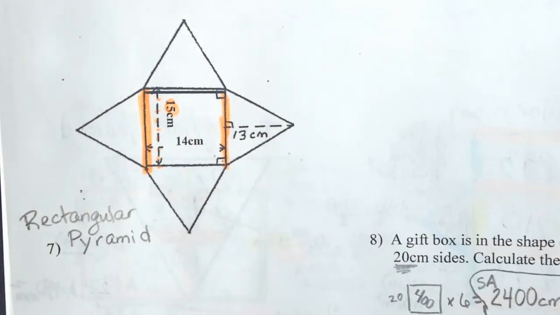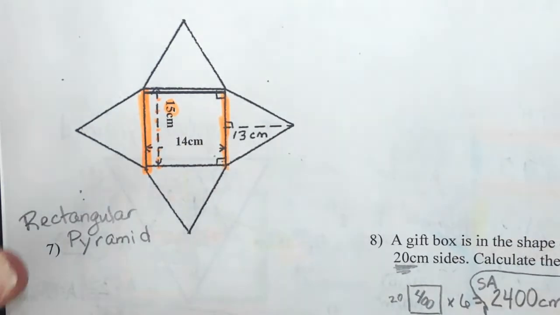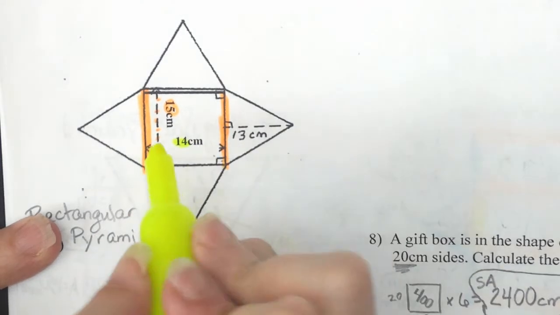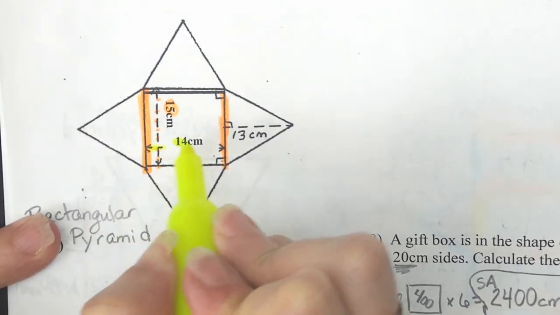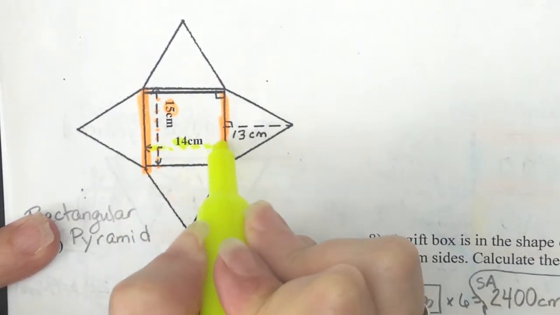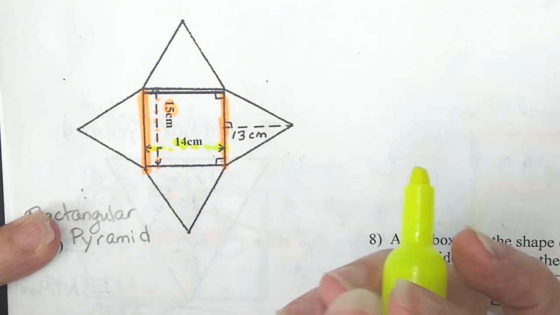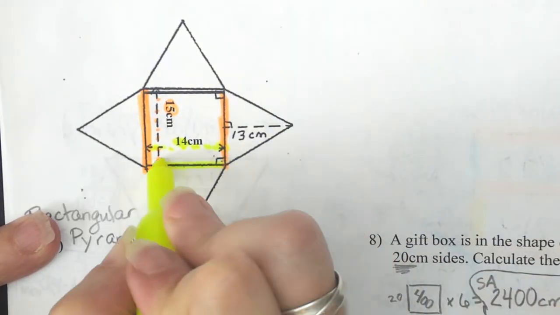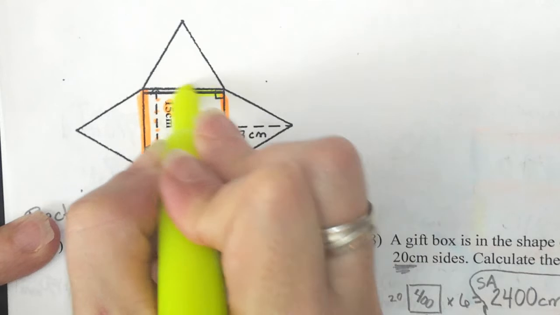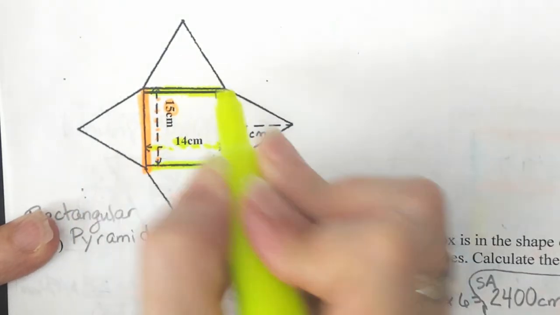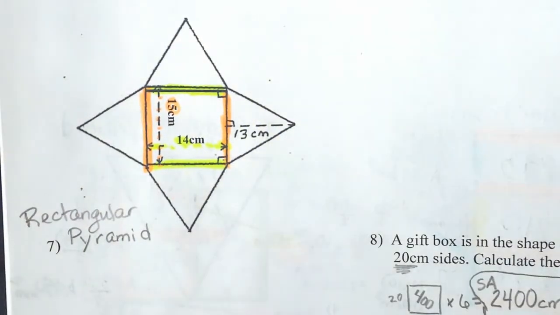Now, 14 stands for what? Notice the arrows right here, guys. It's like a dotted line where they accidentally ran out of ink. That means 14 is this amount. It's those two walls.